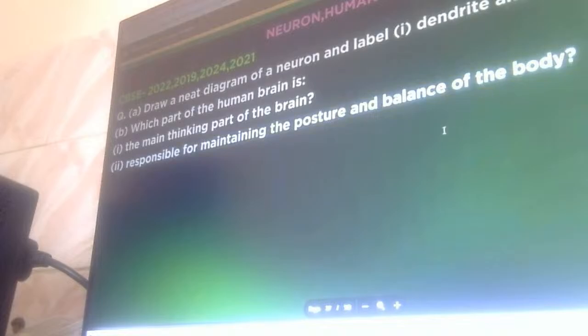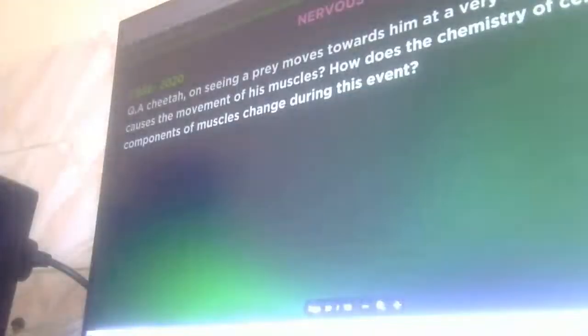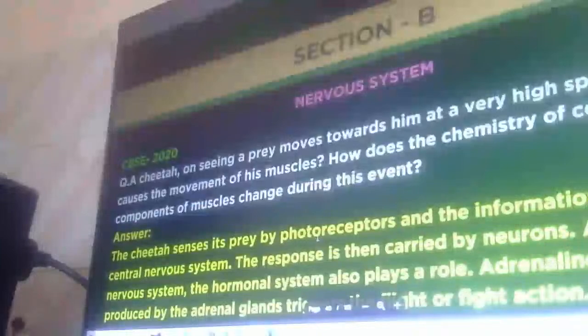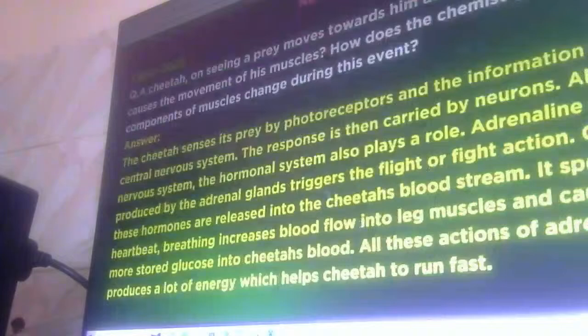Posture is cerebellum. Muscles, this topic, not this. It's like a subtopic. Or right after, how do you protect the brain and the spinal cord? The proteins in the muscles create a new structure as a result. The shape of the muscle moves.